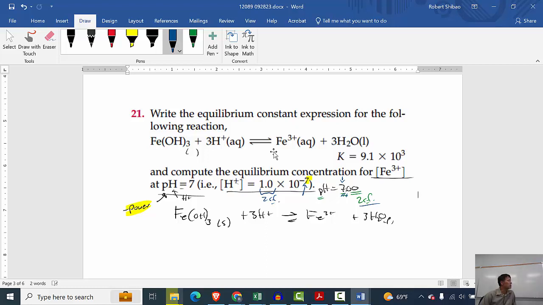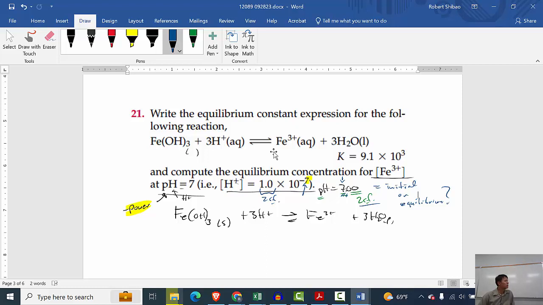But they give us the H plus concentration. Now, the situation is this: is it initial or equilibrium? We have to read this carefully. They say compute the equilibrium concentration for Fe3 plus at pH 7.